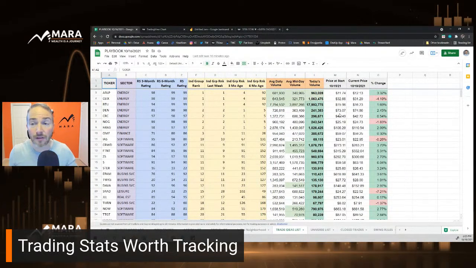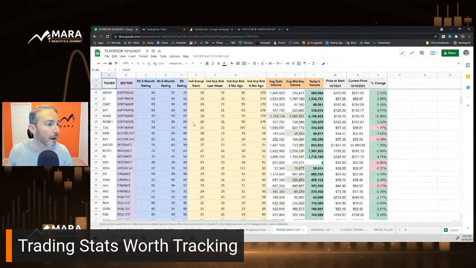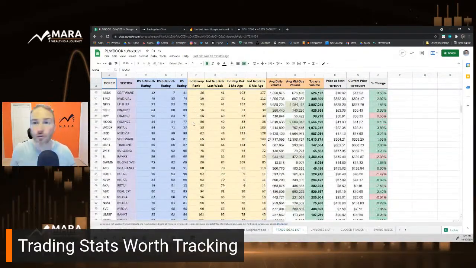And this does a few things for us. We know what stocks are setting up, but in keeping track of this list, I put this list together every weekend when I am doing my homework at night.